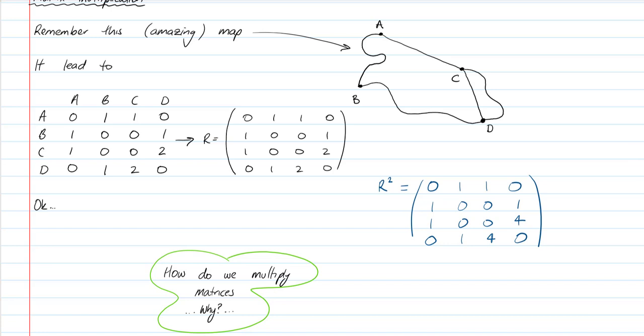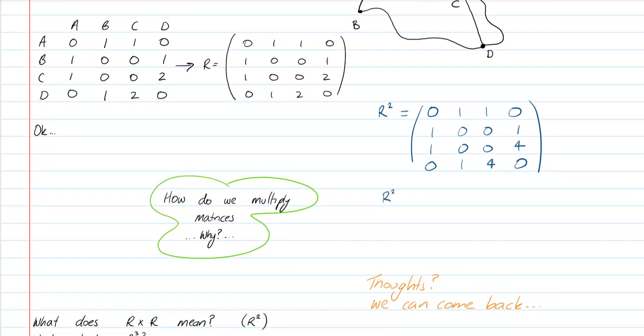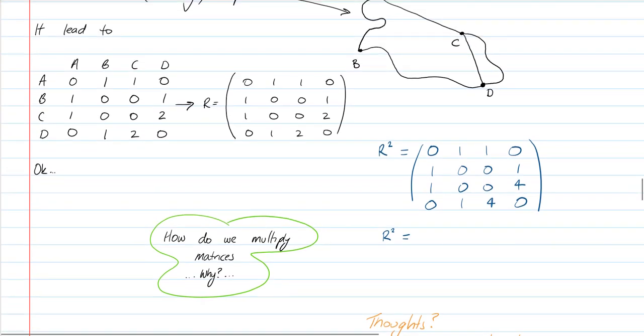Well, not much really. I'll tell you what R squared actually equals, and I'm going to show you where this comes from a little bit later. You could always come back to this part of the video and do the R squared yourself, which would be a good idea.